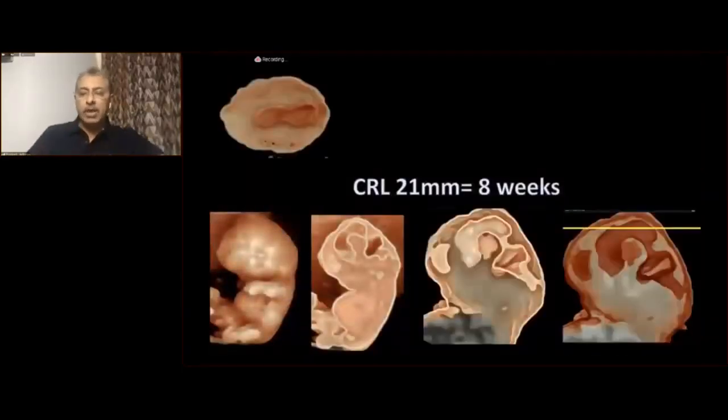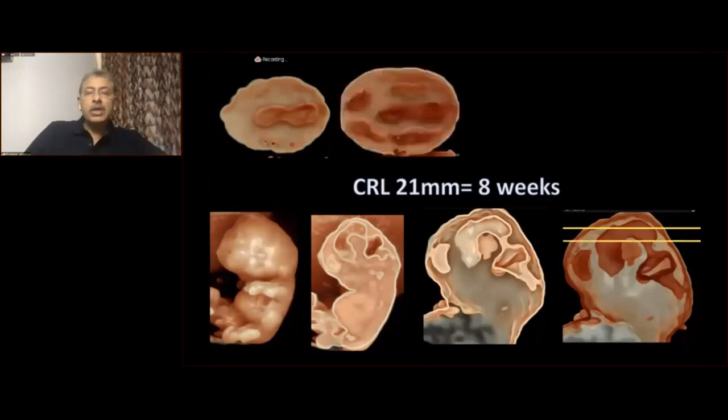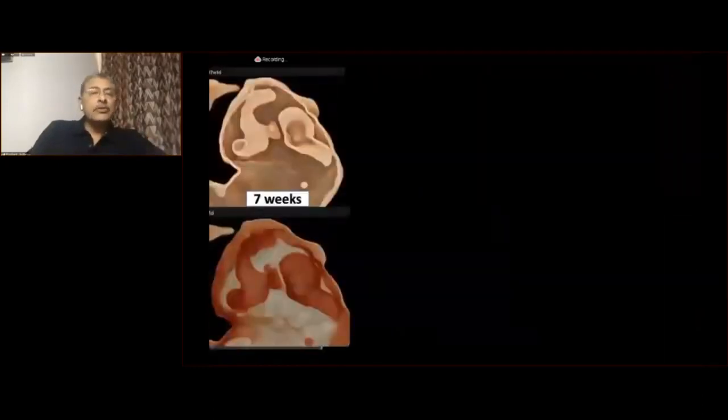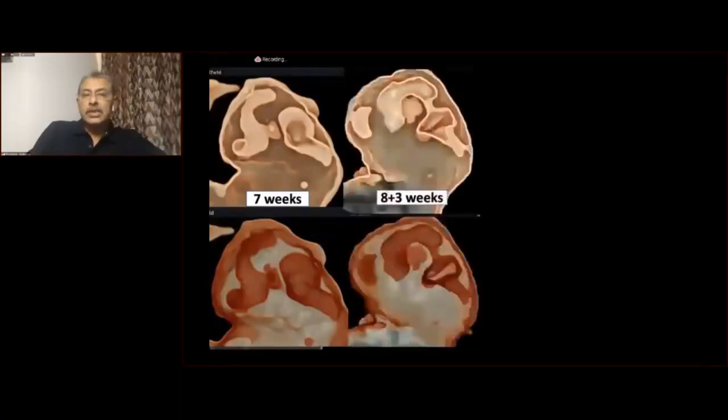At 21 millimeter, 7 millimeters more, you will find the very classical third ventricle, mesencephalon, prosencephalon, two lateral ventricles, the aqueduct, and a complete rhombencephalon. This is the same fetus, and you will be able to see all different sections of the posterior fossa, and that's how it goes from 7 weeks, 8 weeks, 11 weeks, and 13 weeks.